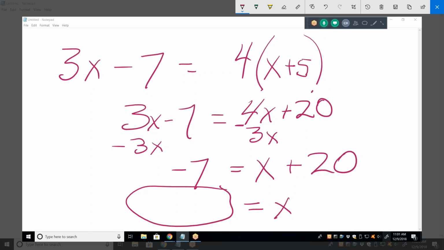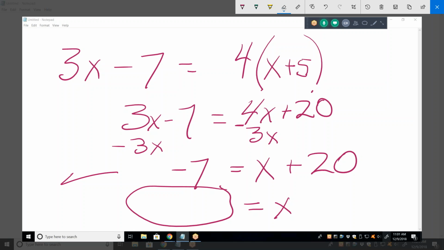Oh, I'm so confused. Read this line, Jackson. Can you see that line? You can't read that line? No, -7 equals what? Equals x.